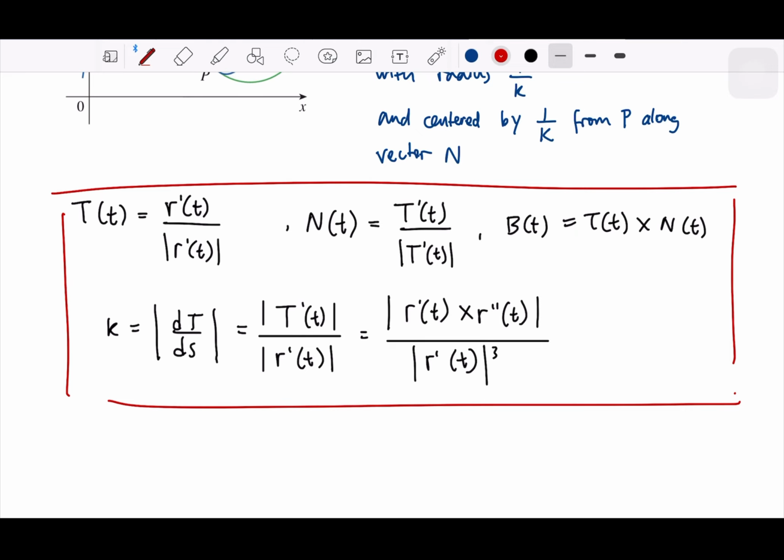From here, the last section will be about what if we observe every plane of the curve, we can observe T, N, and binormal, right? We can also observe from the plane itself, it can have some twist.